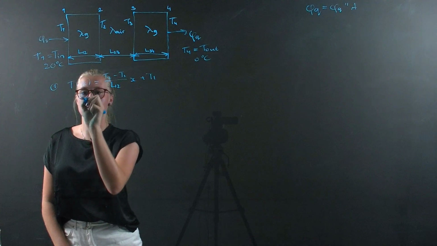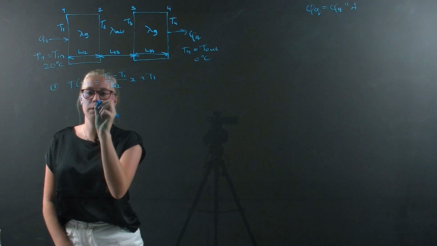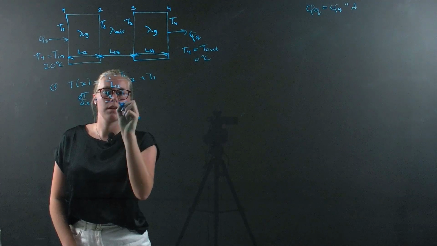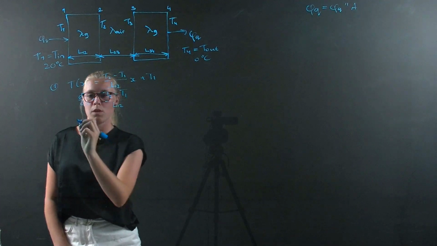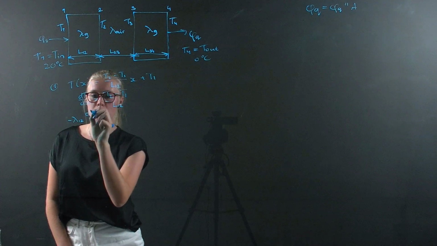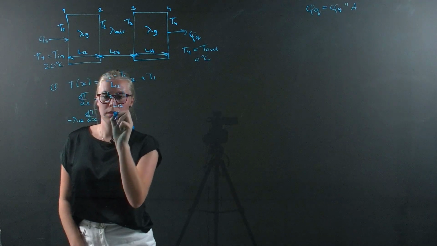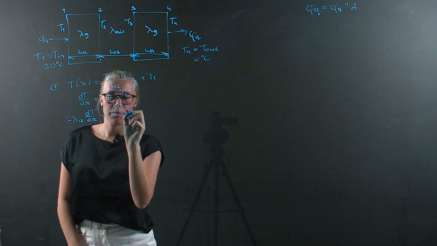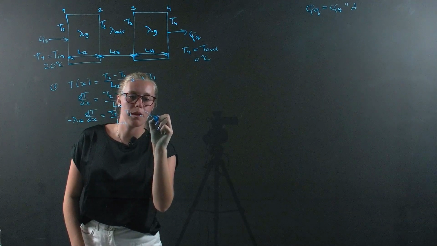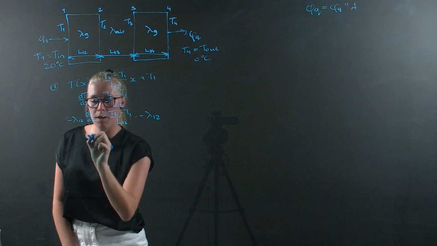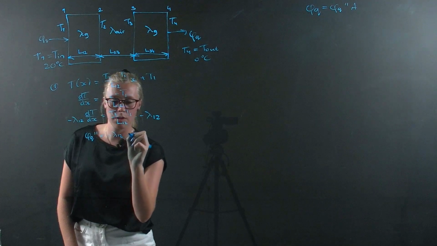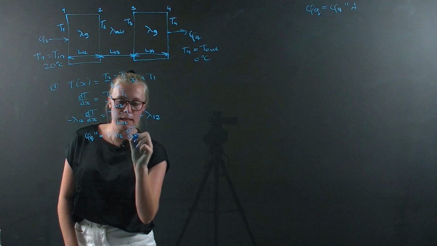We derive this equation towards x to obtain the following equation: (T2 minus T1) over L12. We multiply both sides by minus lambda 12 to obtain this equation. Next we apply Fourier's law, which says that the heat flux is equal to minus lambda 12 times dT over dx.